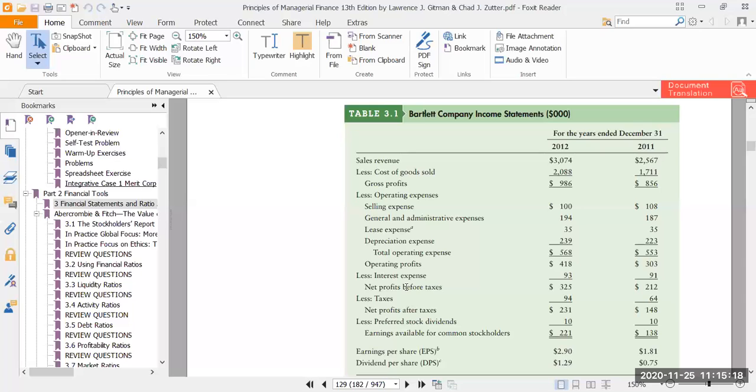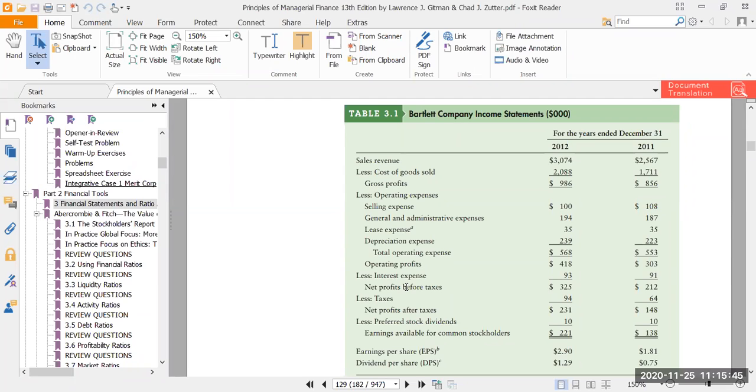In different books, different type of figures are given for this particular operating profit. So now we are going to subtract interest expenses from it, and this is going to be the net profit before taxes. And then we exclude taxes from the net profit before taxes, and we will get to the net profit. And then we are going to subtract the preferred stock dividends if it is available in your equity.